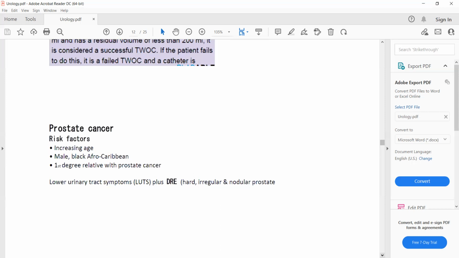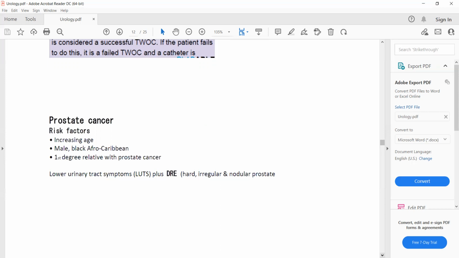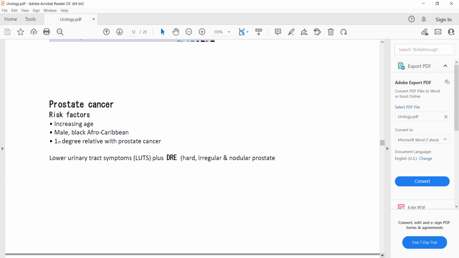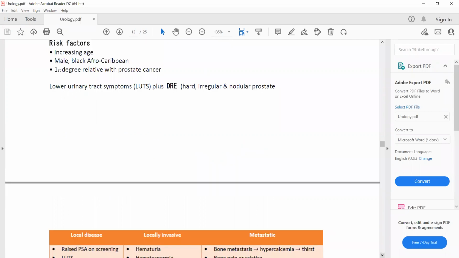Okay, the next topic is prostate cancer. The presenting symptoms in case of prostate cancer and BPH are the same. What is the difference between BPH and prostate cancer? The difference is that on digital rectal examination, the prostate will be irregular and nodular.